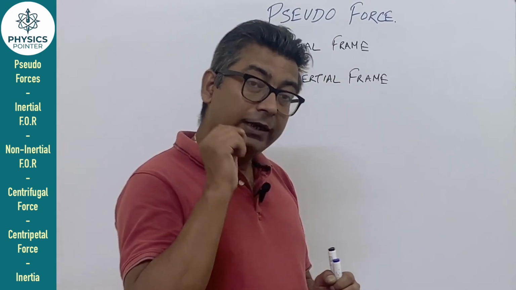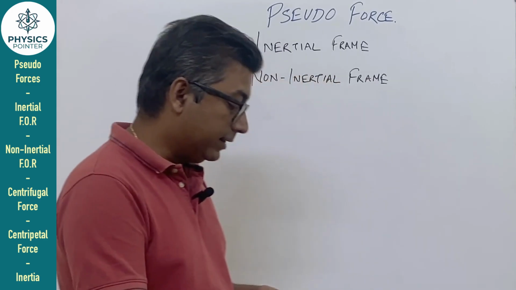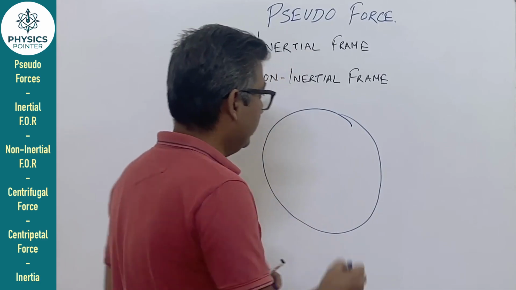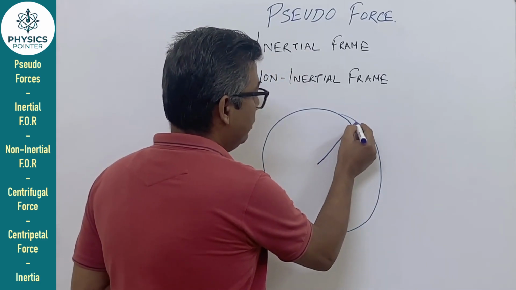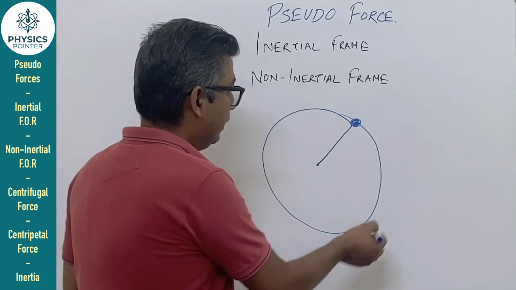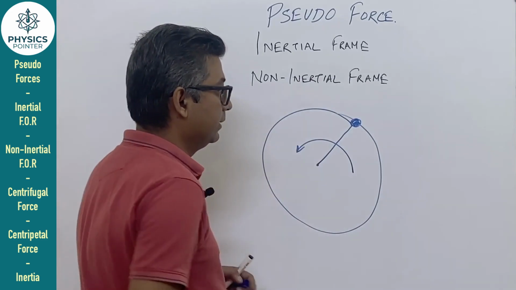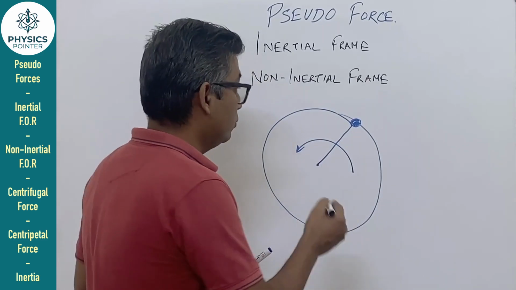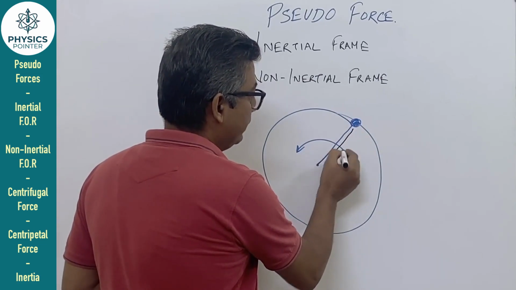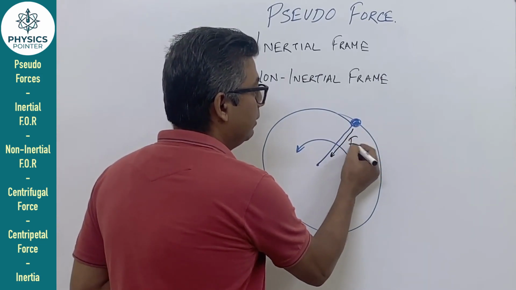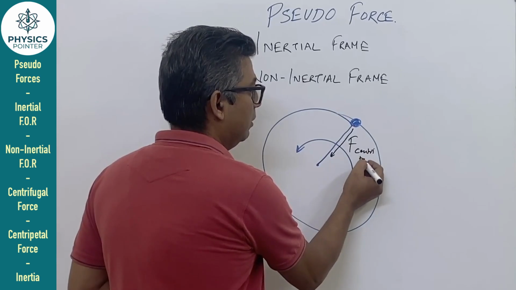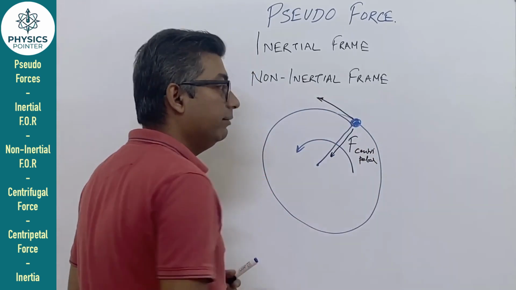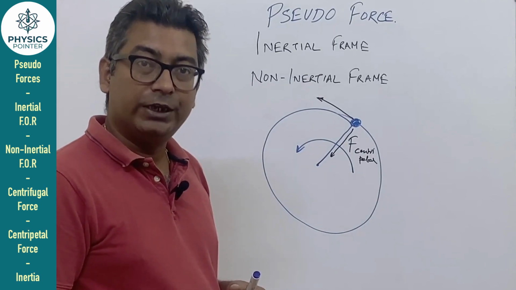Okay, I will give you a small example. Let's take a vertical rotational motion, and a body is tied to a string at the center, and this is, let's say, rotating in this direction. So what are the forces that you can actually see? One force that we know is actually acting inward, which is the centripetal force. And one thing that you can see is this body is actually having a tangential velocity.